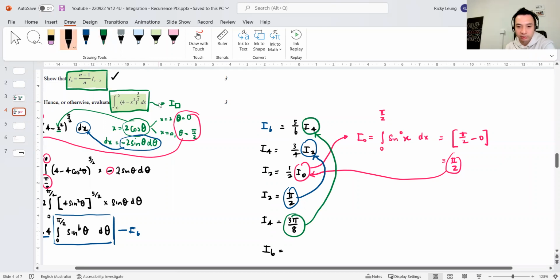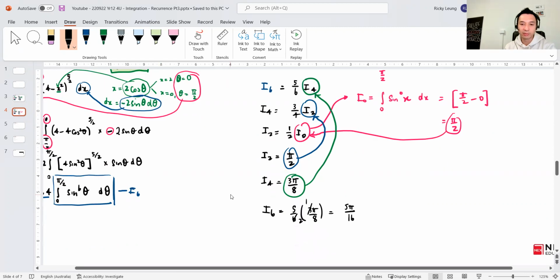I6 equals, what's that? 15 pi, so just 5 times that, 15, that's 48. That can be simplified, I think. 3 and 6, yeah, okay. Cleaner than that. So it becomes 5 on 6 times 3 pi on 8. That and that. 2 and 1, so it becomes 5 pi on 16. And then my final answer, multiply that by 64.